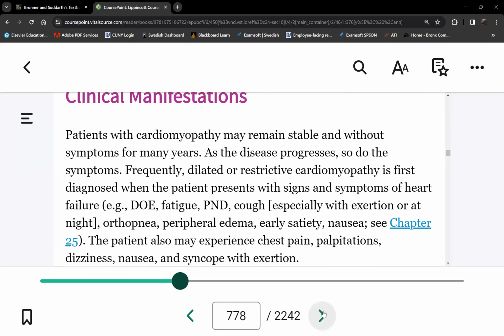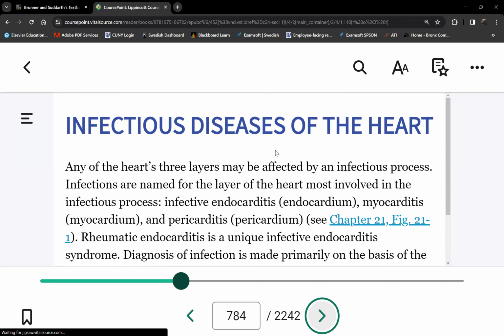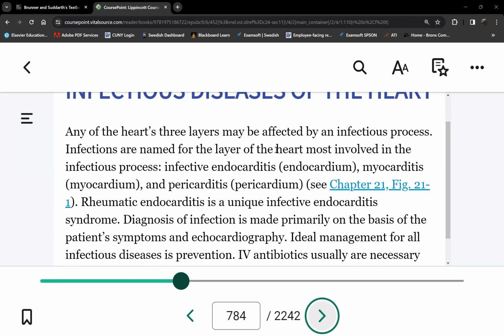All right, let's go now to the infections. Now, they're in the same chapter because whether it's a valve disorder or an infection of one or more layers of the heart, they all lead to the same condition, which is heart failure. They just do it in different ways.